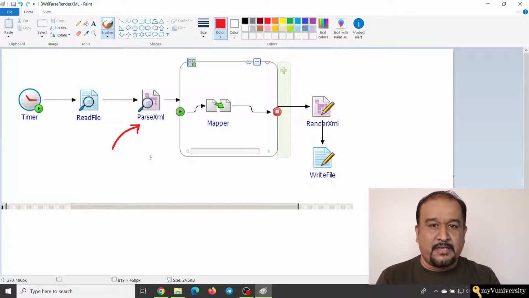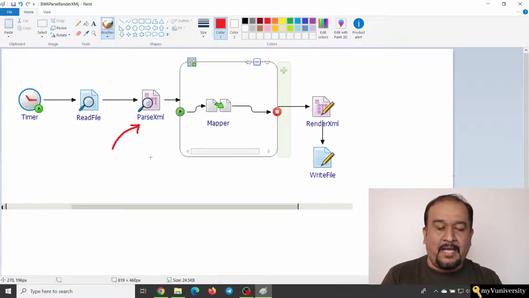Now the next question, how will your Parse XML come to know about the structure of the XML to understand that? So we need to attach the schema in the Parse XML. We need to tell that by means of XSD, XML schema definition, or some way we need to configure that schema in the Parse XML.